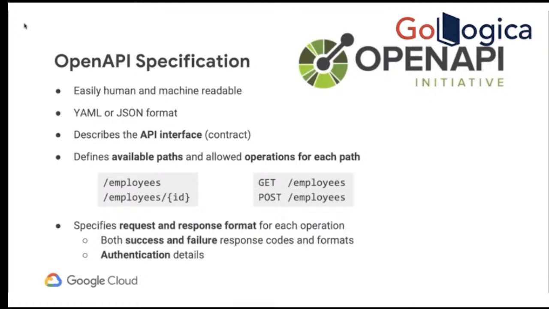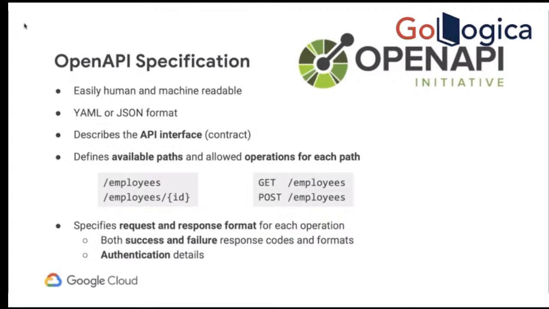So OpenAPI specification is very easily human readable or machine readable, and you can define the specification using that. In the specification, you can use YAML or JSON format. So it supports both. You can define the interface of the API: all the paths supported in your API, server name, base path, resource path, everything.